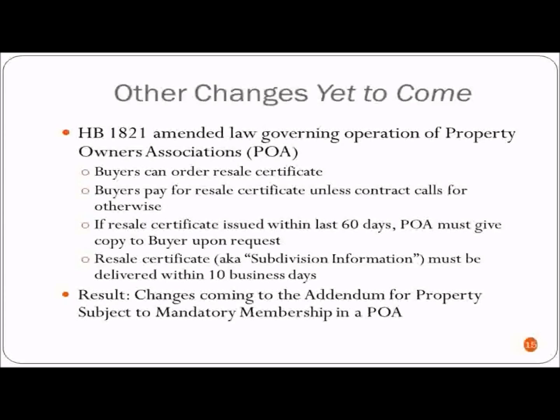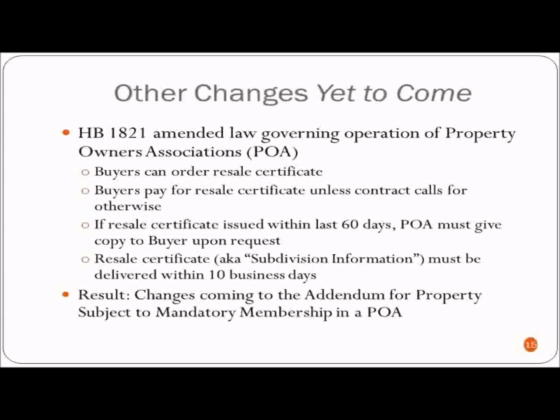It reads they have 10 days from the first request, written request, and if they don't provide the information, then they have 7 days from the second request before any penalty kicks in. So arguably, the Property Owners Association has 17 days, really 19 days to process it, to get us the information.